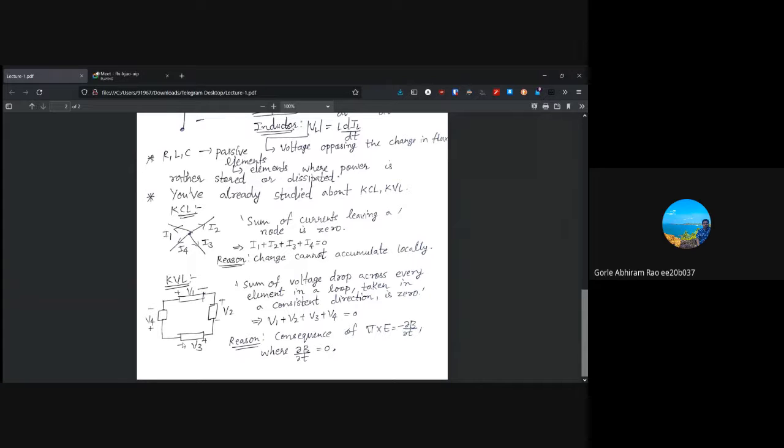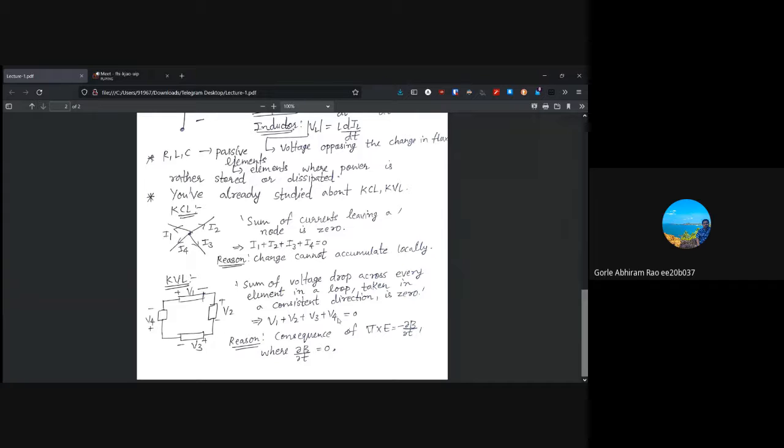For the circuit we have here, it's pretty obvious: you can write V1 plus V2 plus V3 plus V4 is 0. The origin of Kirchhoff's voltage law is one of Maxwell's equations, that the curl of the electric field is equal to minus dB by dt, the negative of the time derivative of the magnetic field.